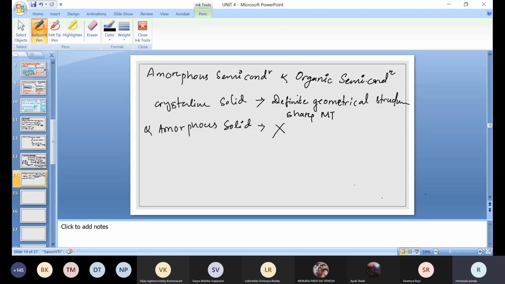Also, when you break a crystalline solid, there are cleavage points. Cleavage points mean there are certain planes at which the crystalline solid is going to break down.